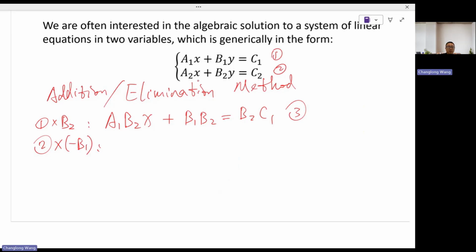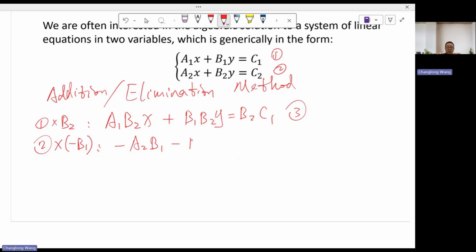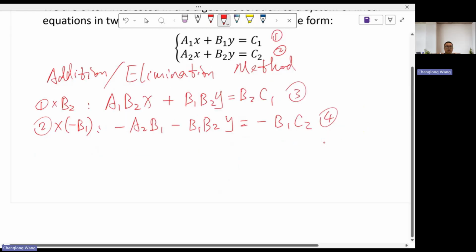So now the first term, keep track of the signs, will be negative a2 b1 x, and here you get negative, oh sorry, there's a y there, so that's negative b1 b2 y. And you get negative b1 c2, and that'll be, say, equation number 4.